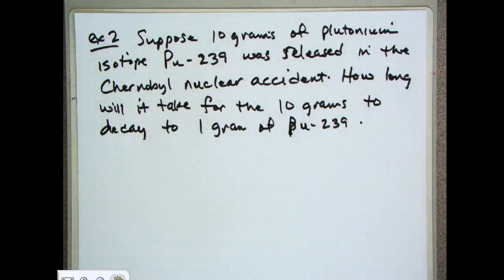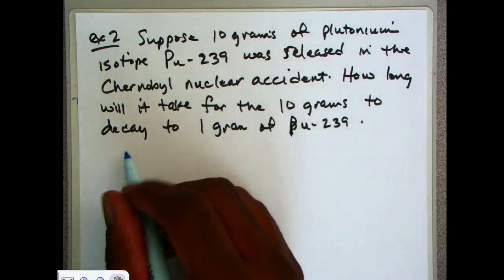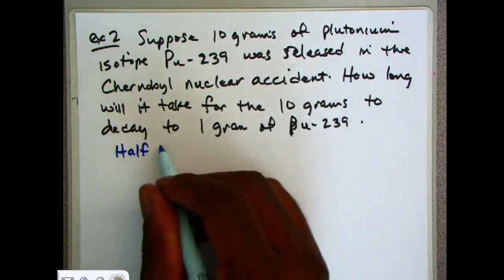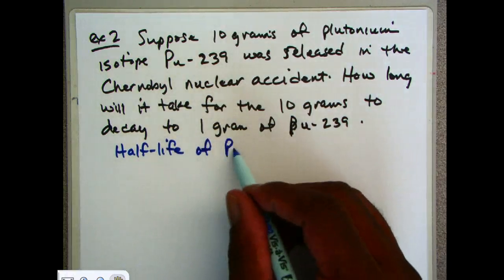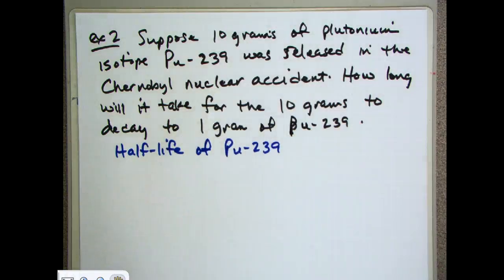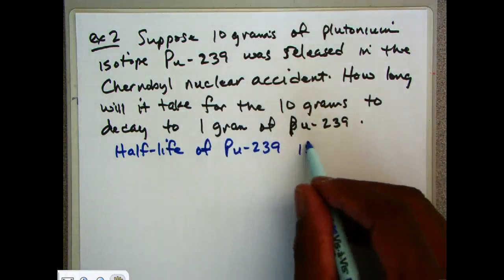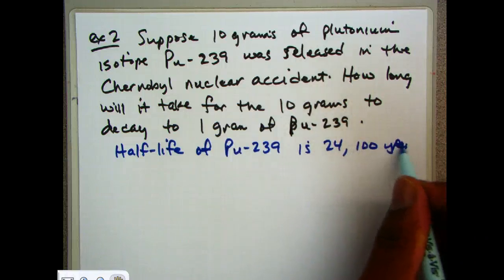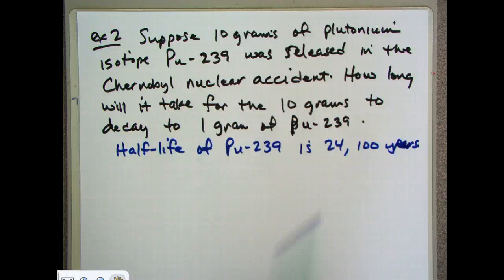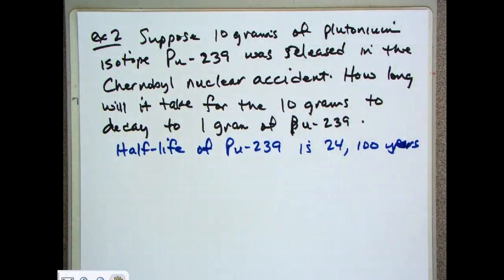Now, the piece of information that they give us here is that the half-life of plutonium isotope 239 is 24,100 years. So let's see if we can understand this in perspective. Let's say we start off with 10 grams of plutonium.